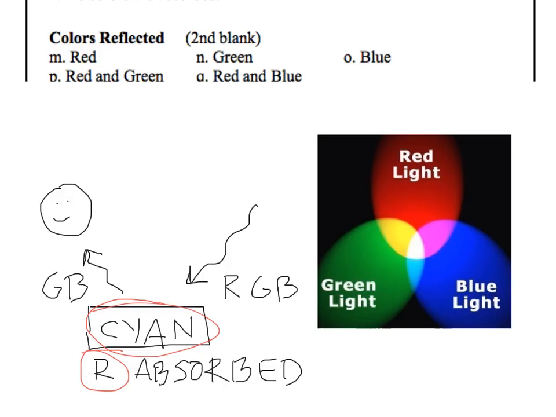So any two colors that combined make white are known as complementary colors. So in addition to red and cyan, we also have green and magenta that are complementary colors, and yellow and blue that are complementary colors. So when one of them is absorbed, the other remains to be reflected and seen by a person. So that's where we get that name from.